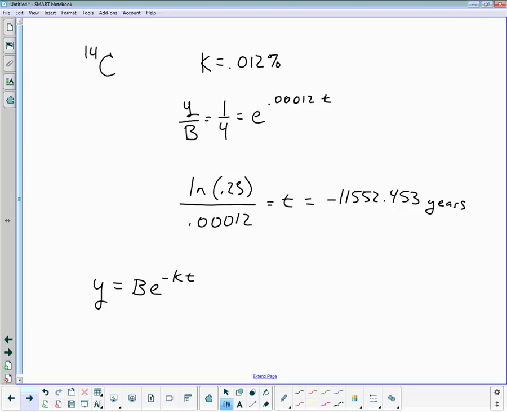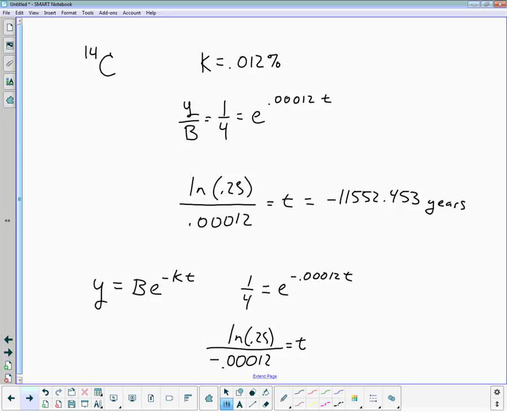What it does is when I rearrange it and plug it in and solve, this would be 1/4 e to the negative, and then when I solve, I'm going to get the same number out of it, except that it's going to be a positive number, and now I just need to say it was that many years ago.